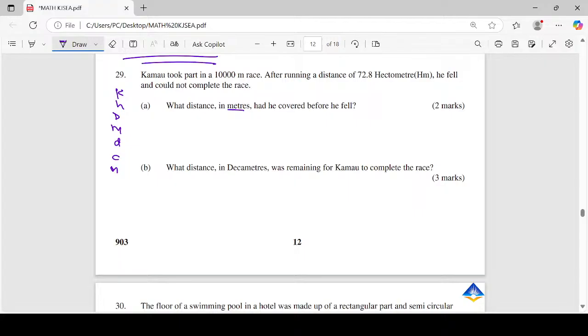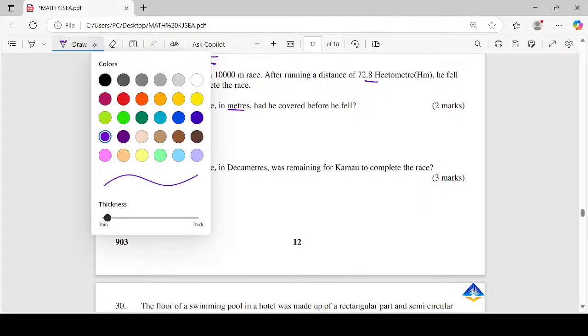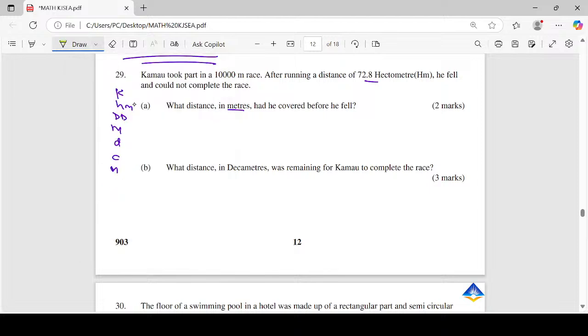I'm going to convert this one also in meters. So we have kilometer, hectometer, decameter, then meter. If you have it like that, you know that this is one hectometer. On the decameter it will be 10. On the meter it will be 100.